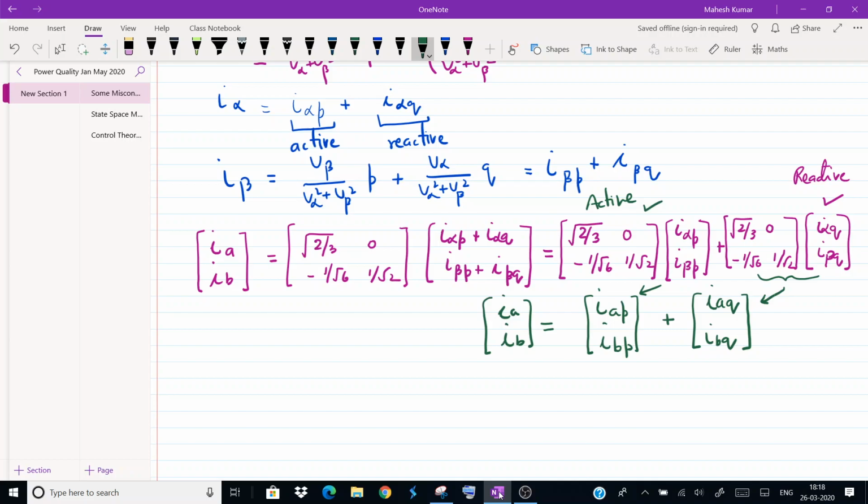Alright, so in the current discussion, we would like to find out IAP, IBP, IAQ, and IBQ for given system parameters. In the following discussion, we will try to understand these components.